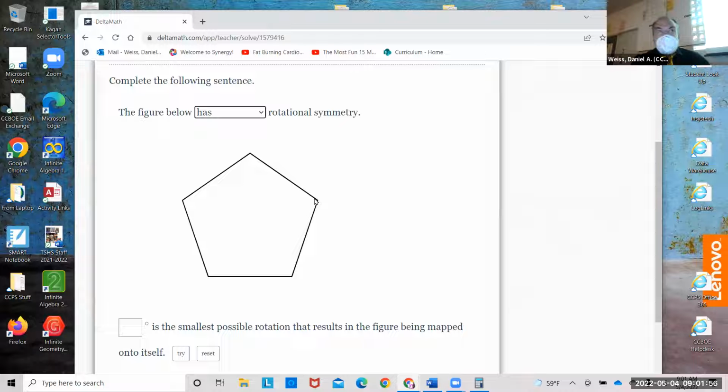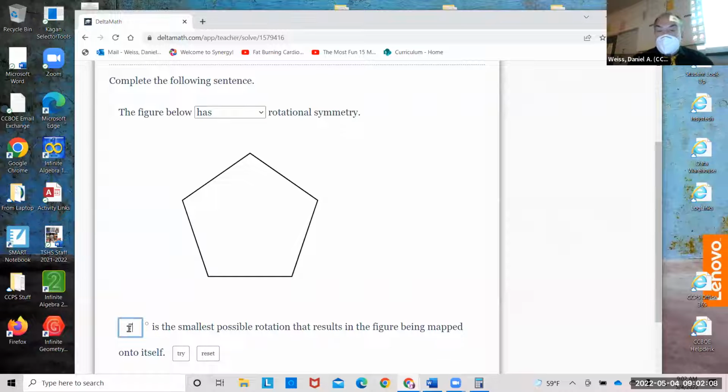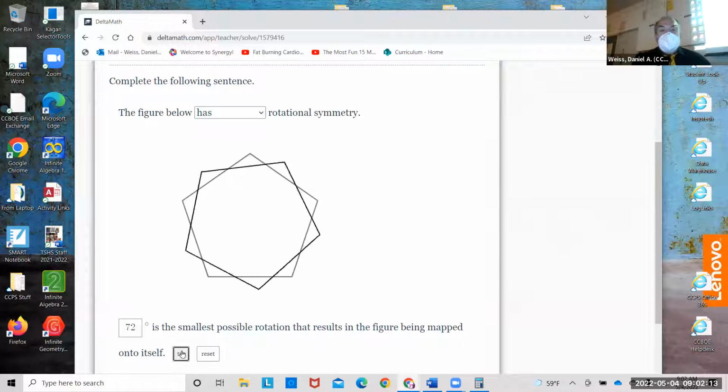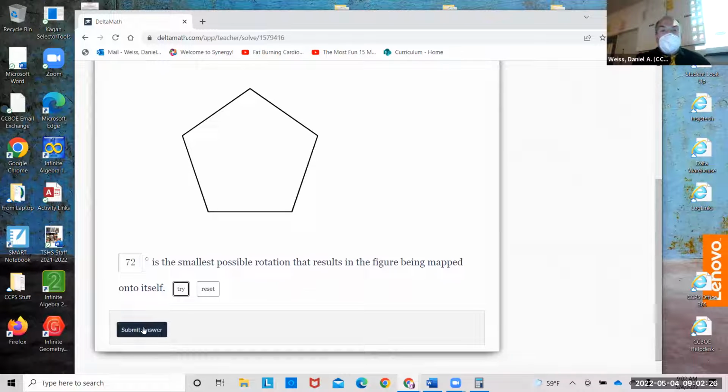Since there's 5 sides, I'm going to take 360 and divide by 5. 72 degrees is going to be the smallest possible rotation. I'm going to try it. There it is, 72. One more time. Right? Okay. So you should definitely try it before you submit your answer.